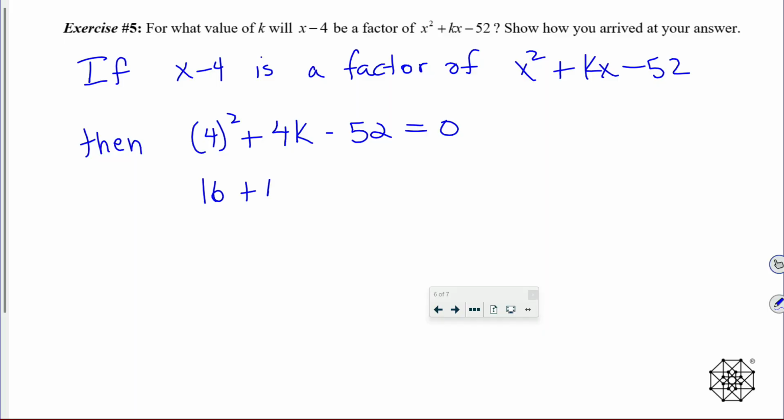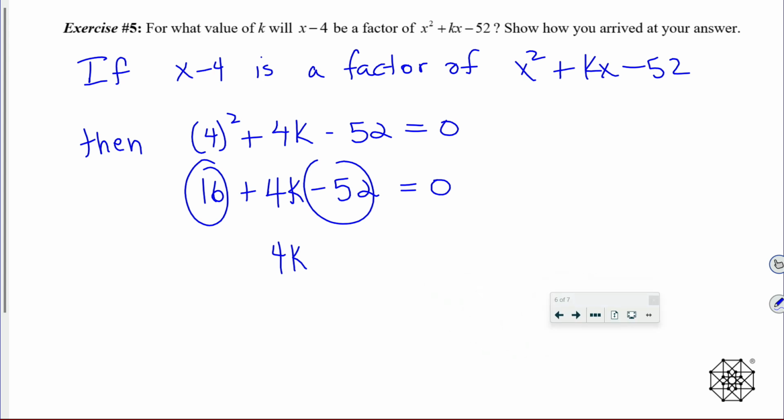I get 16 plus 4k minus 52 is equal to 0. I should combine the 16 and the negative 52. That will be negative 36. Yep. And now I could do 4k is equal to 36. Divide by 4 on both sides.